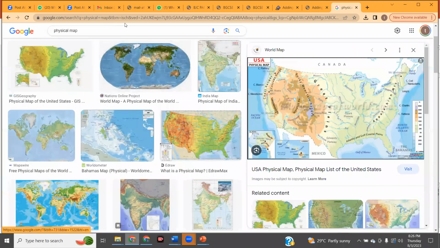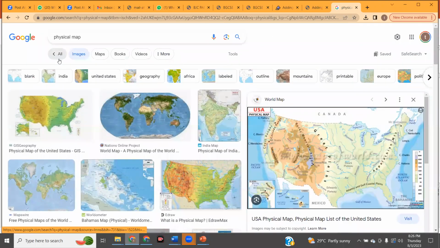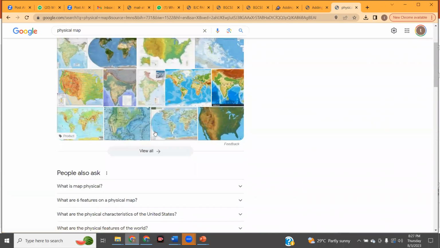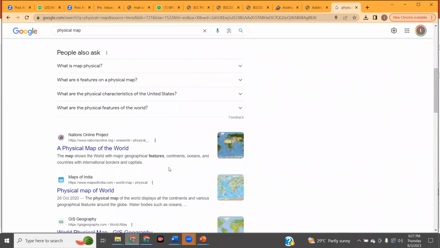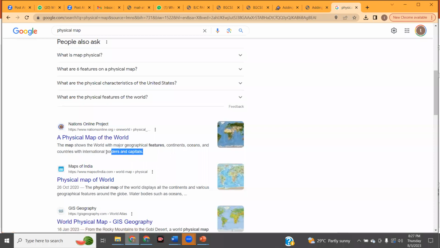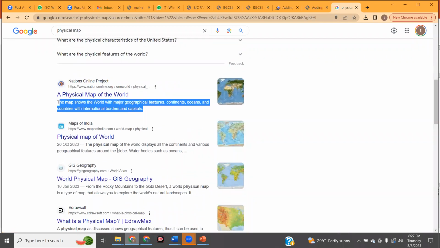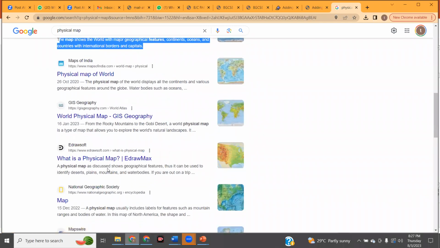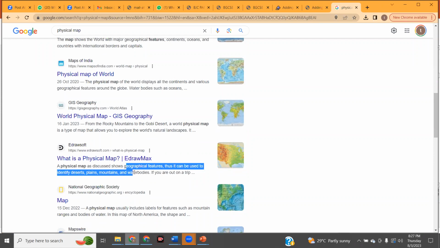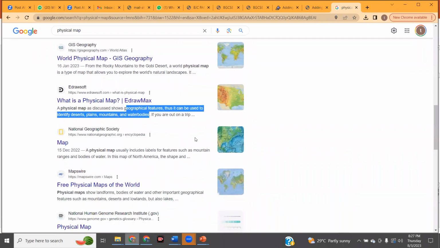The definition: a physical map shows geographical features, so deserts, plains, mountains, and water bodies. That's a physical map. Physical maps contain natural features.